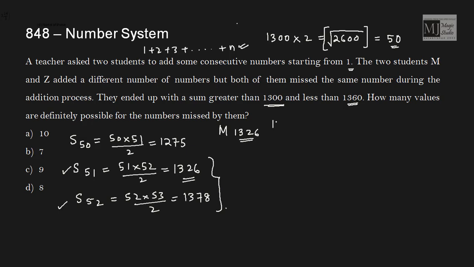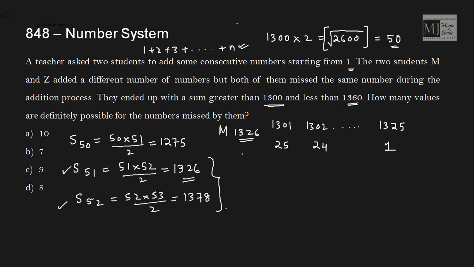That means he has given 1301, 1302 or till 1325, because he can't give 1326 because he has missed out one number. Now if he has given me this total 1301, that means he has missed out 25. If he has given me this total 1302, that means he has missed out number 24, isn't it? 1326 minus 1302.